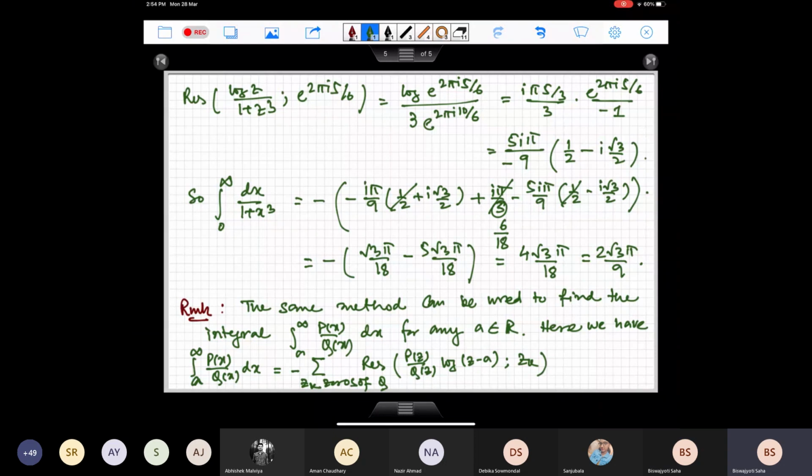So if your z is going around a, then your z minus a is going around 0, so therefore this is the formula when the integral is starting at a. So there will be absolutely no change in the proof, except that while taking some estimates, you have to be slightly careful, like some constant here and there. But at the end, finally, you are going to get this.